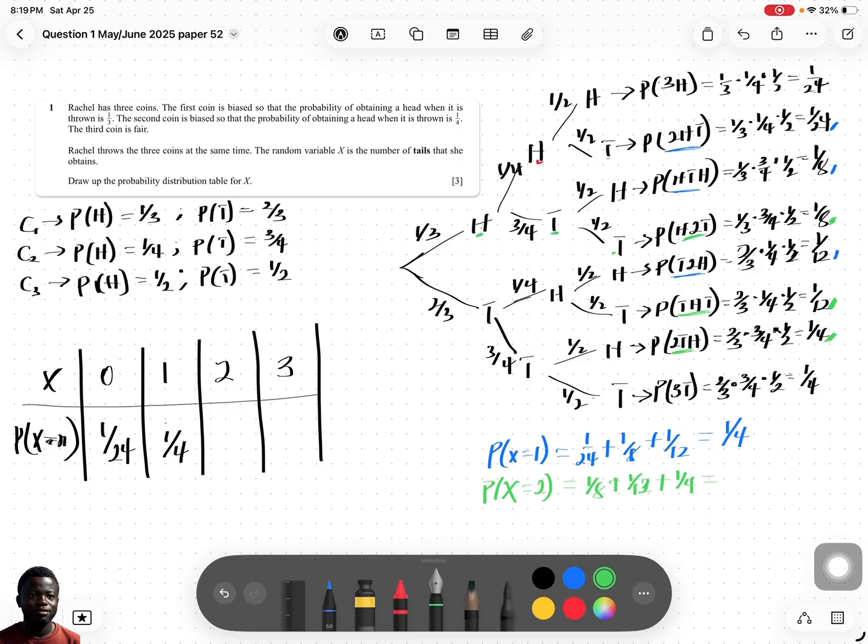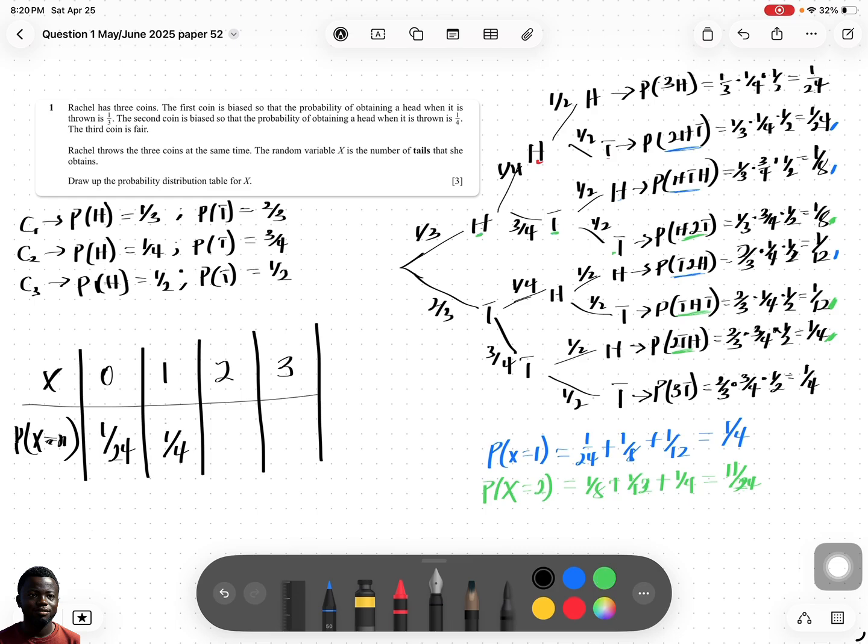So you can use your calculator and check whether the values I'm putting there are the right ones. Okay, so this gives us 11 out of 24.